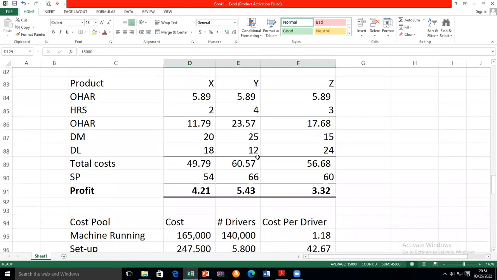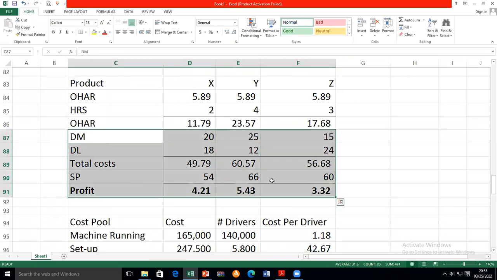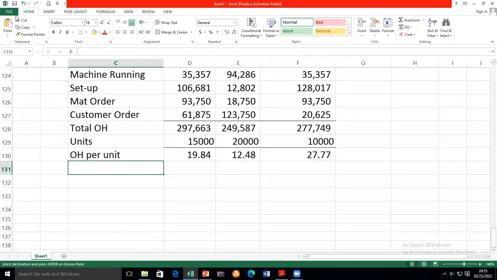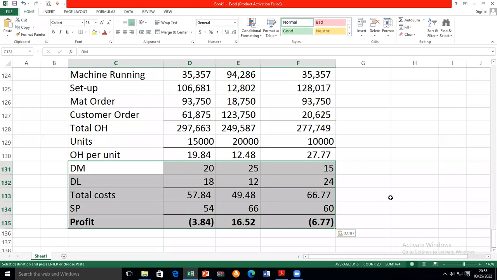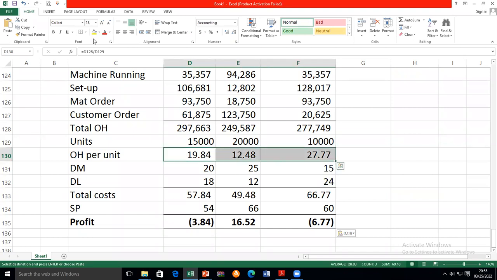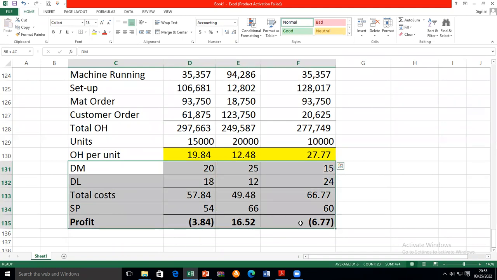These will not change at all. So this is the only line that has changed. These other items that we have are still the same like before.